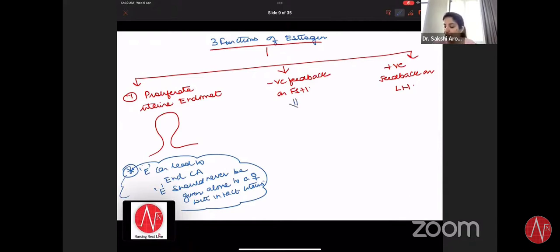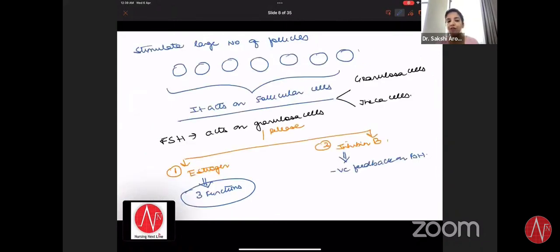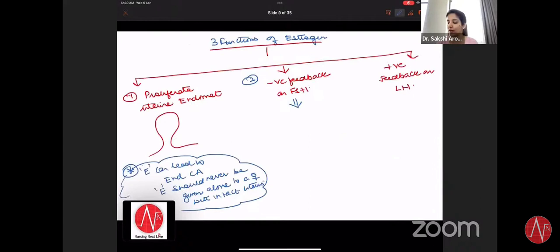Now, application of the second function, that estrogen has a negative feedback on FSH. Just now I was telling you, under the effect of FSH, a number of follicles got stimulated. Now, what is estrogen doing? Estrogen is decreasing FSH. Because estrogen is decreasing FSH, all the stimulated follicles die, in other words, they undergo apoptosis.